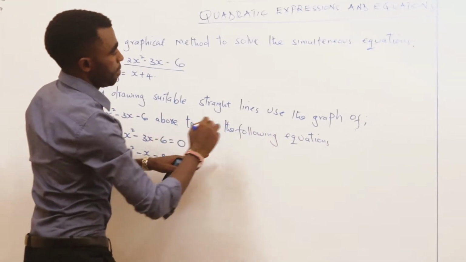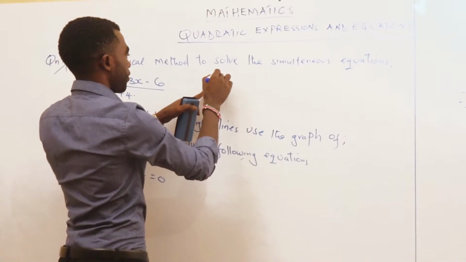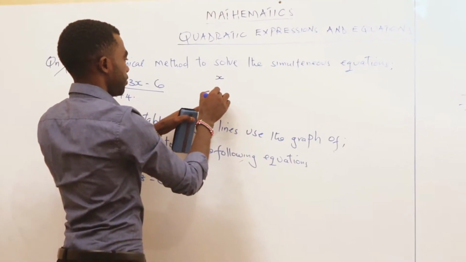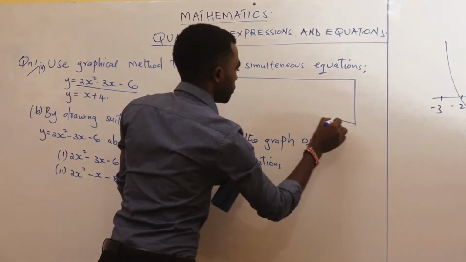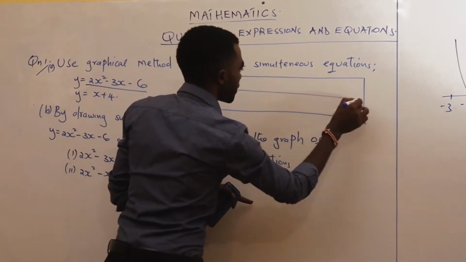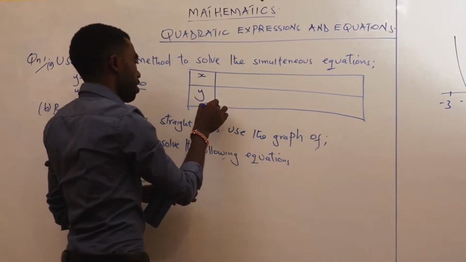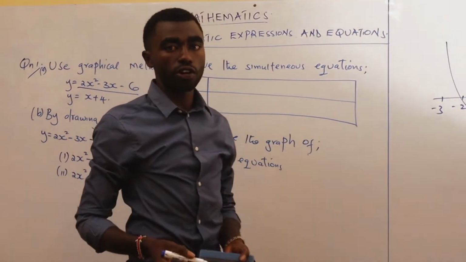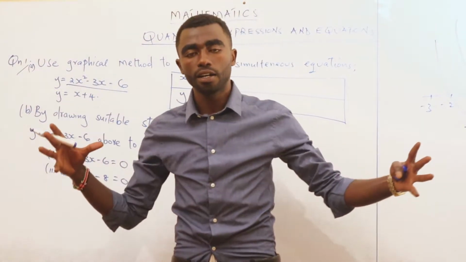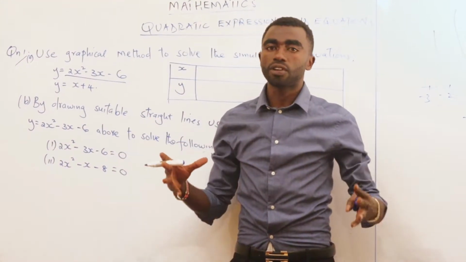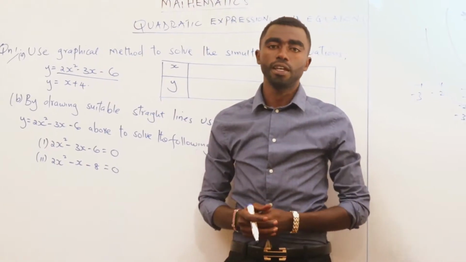All right, let me have it here. We have the values of x and the values of y. So the values of x, students, it is upon you to decide the scale you're going to use, because this applies the knowledge of the scale. You don't need to have a bigger graph or rather a smaller one which maybe you will not be able to read.